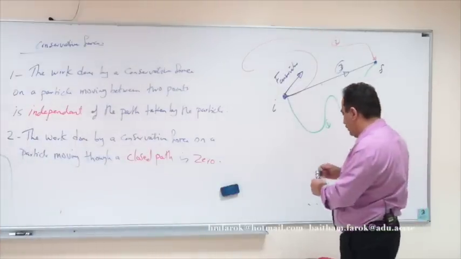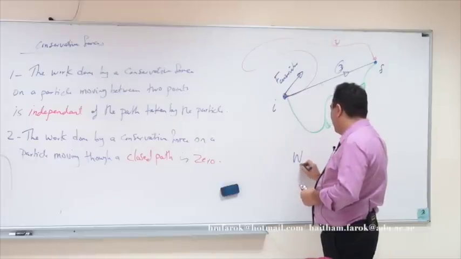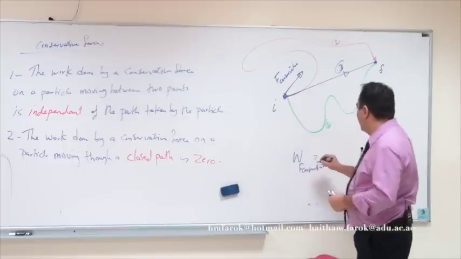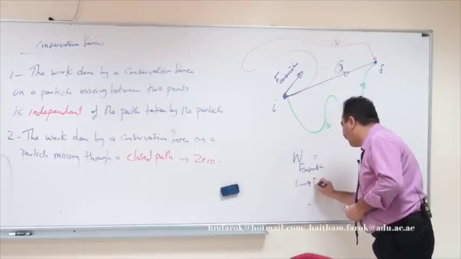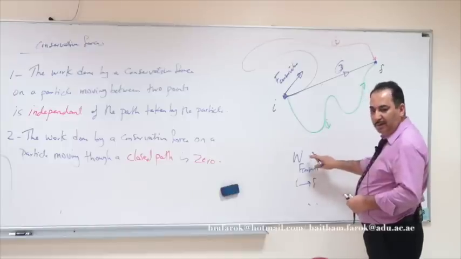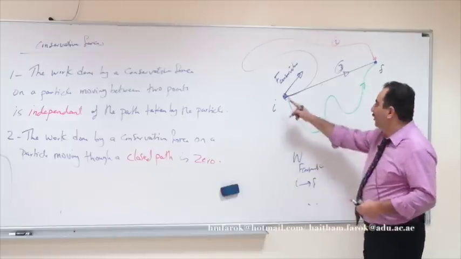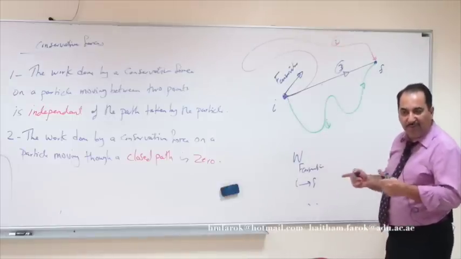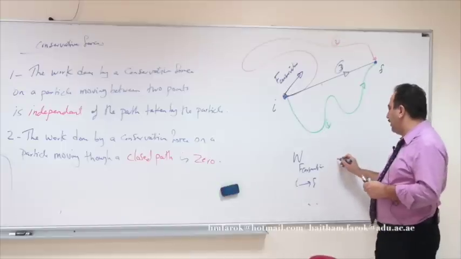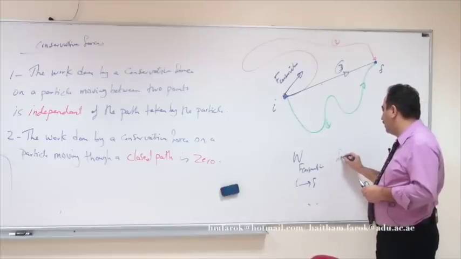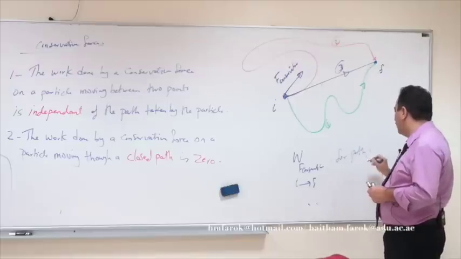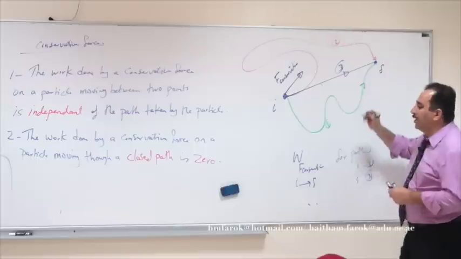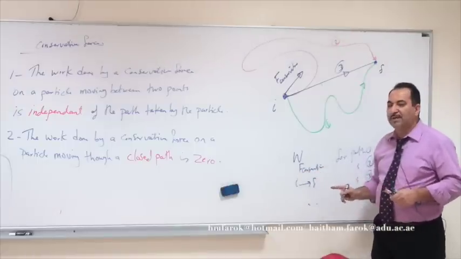So W, F conservative, from I to F here does not give you a different answer if you take it for path 1 or path 2 or path 3. W conservative has the same value.